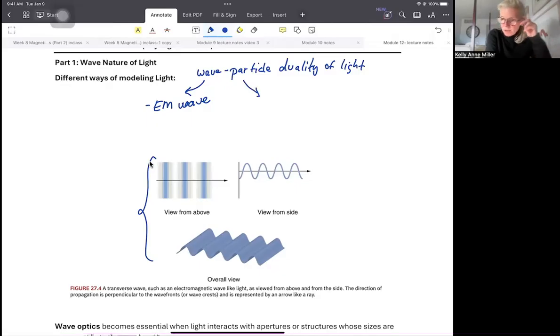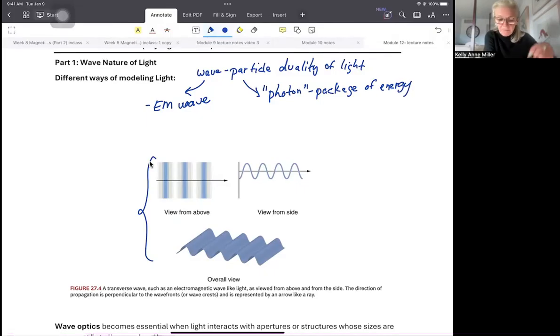And in certain situations, it's more convenient, and light behaves more like a particle. A particle of light is referred to as a photon, and a photon is really a packet of energy.